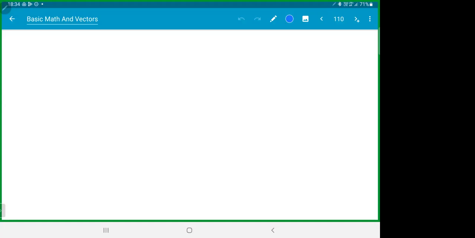So last time, we did this resolution of vectors. Next thing is the triangle law of vectors.